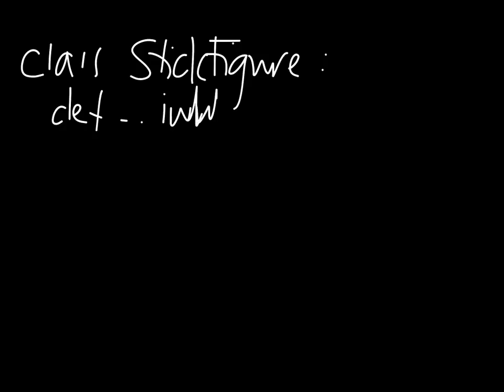So we would return now to our class file and stick figure class, right? As we had before, we have our init code, just sketching it out. We've also got the code for the draw already done. What we do is we simply add in another method.